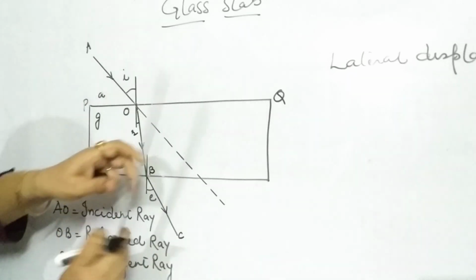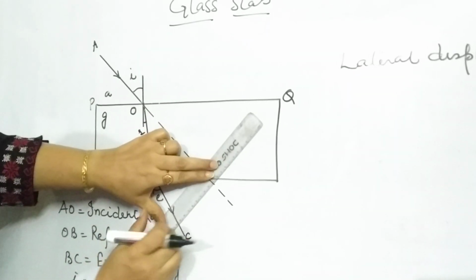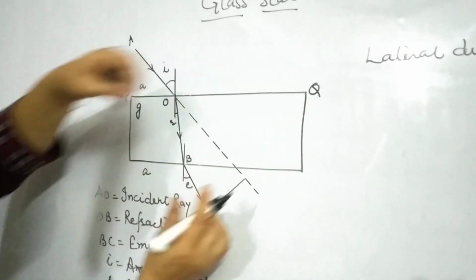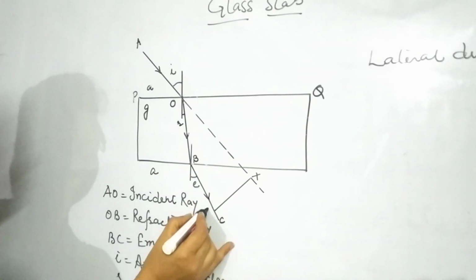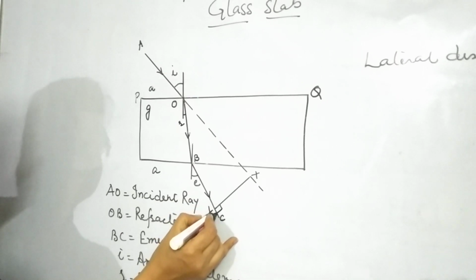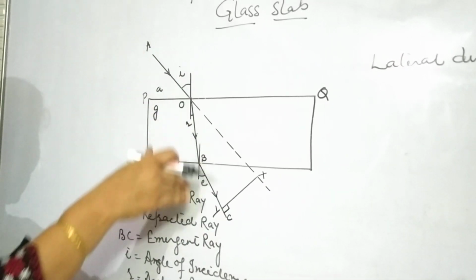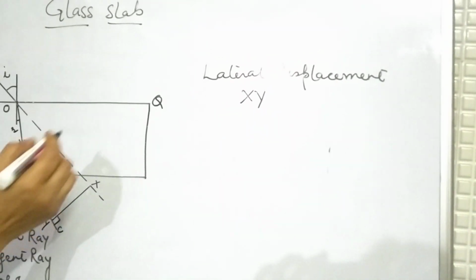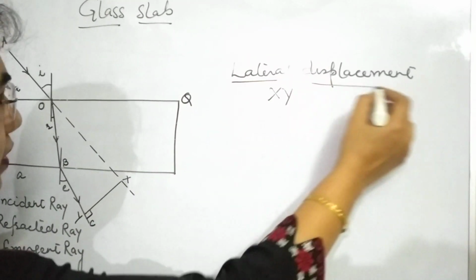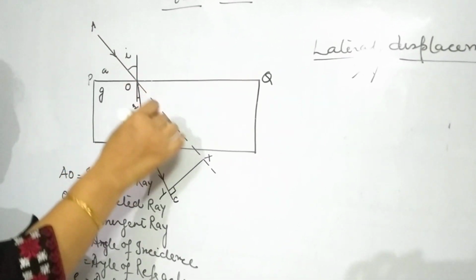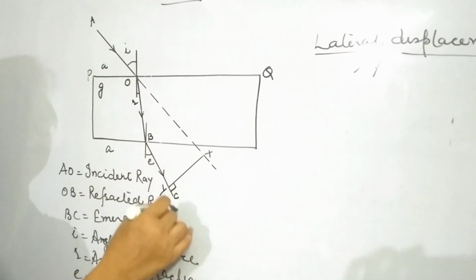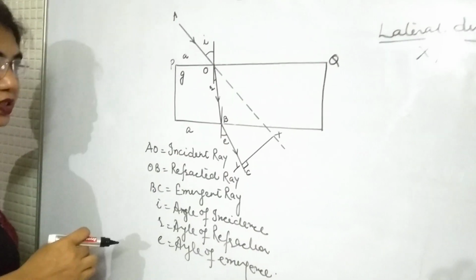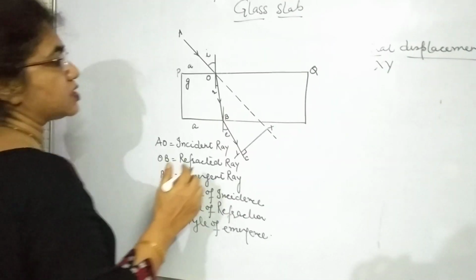So it deviates from its path up to this extent, this XY. If refraction were not there, light would go straight, but due to refraction it follows this path. So lateral displacement is XY. Lateral displacement is the perpendicular distance between the incident ray extended forward and the emergent ray.